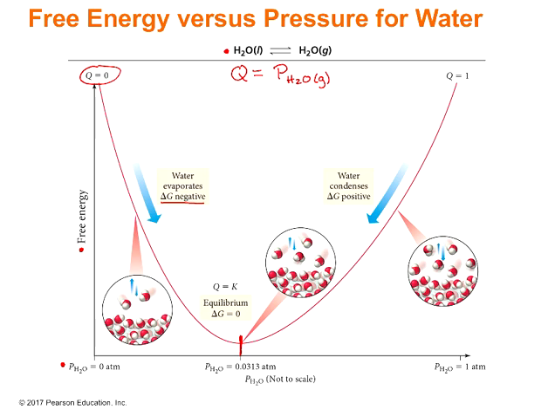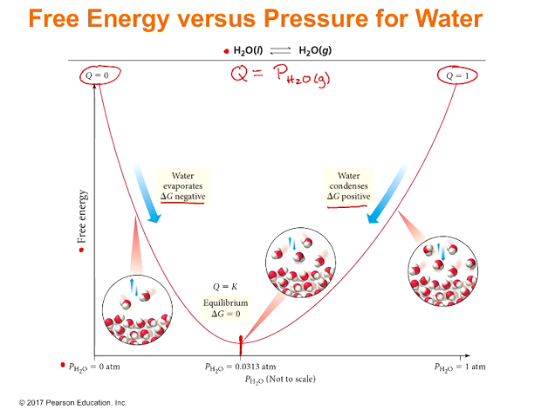And then let's say we start with all gas. So if we have just gas and no liquid, Q is equal to 1 because we have all product. Now, under equilibrium conditions, remember if one direction is spontaneous, the other direction is non-spontaneous. So if the gaseous water starts to condense, that's going to be non-spontaneous, or delta G will be positive.